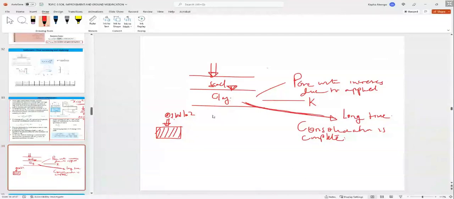For each and every load, you measure the time and then the change in height over a period of 24 hours.